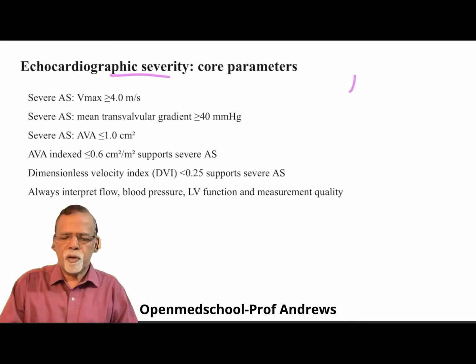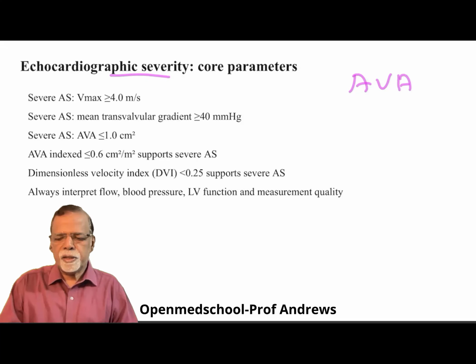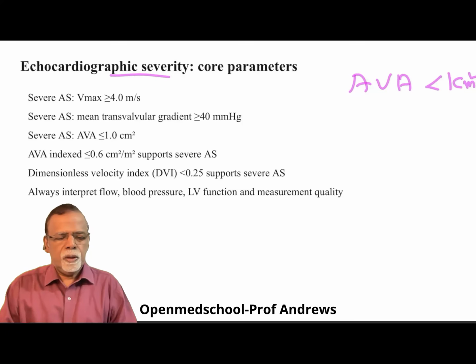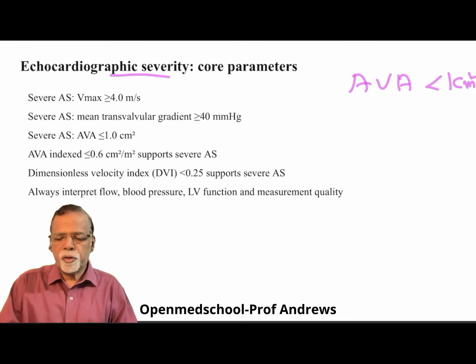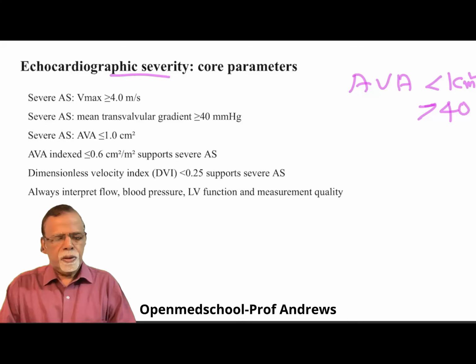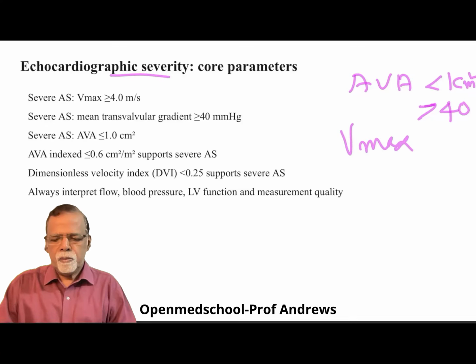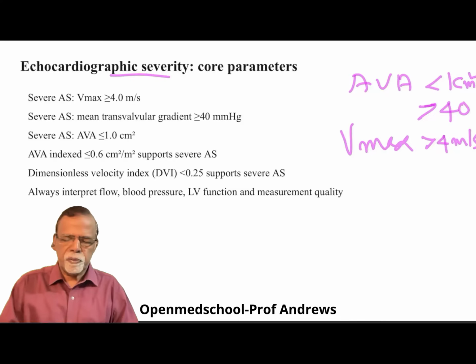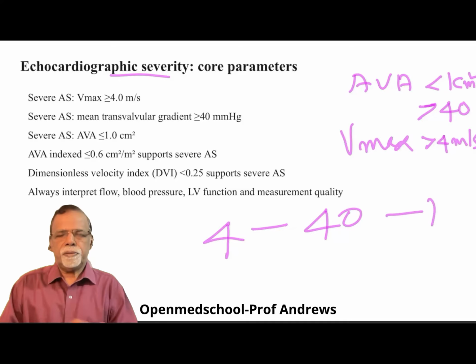One is the aortic valve area, less than 1 centimeter square. The transvalvular gradient more than 40 millimeters of mercury, and the Vmax more than 4 meters per second. So you can remember 4, 40 and 1.